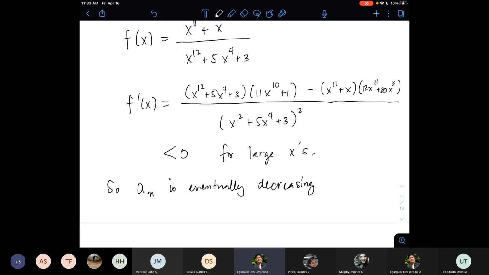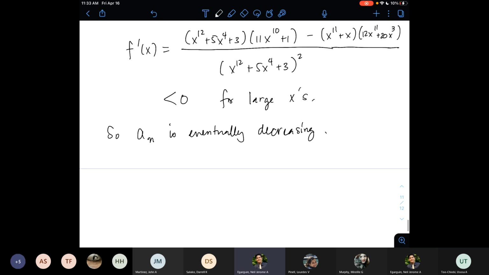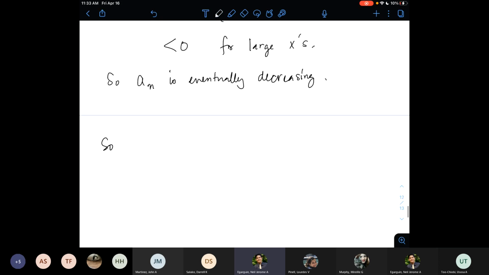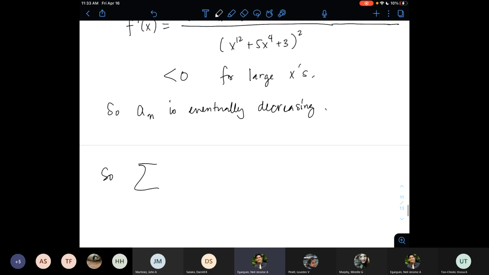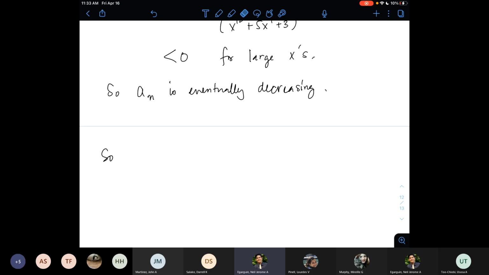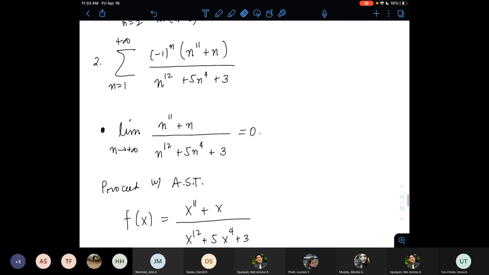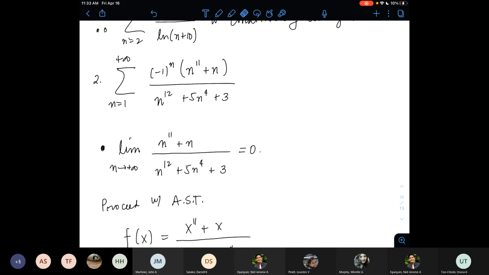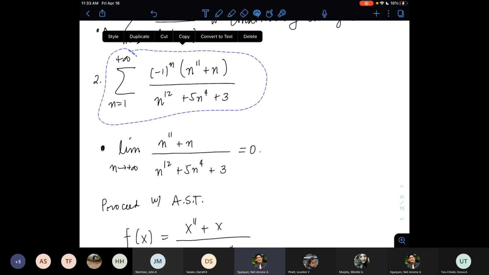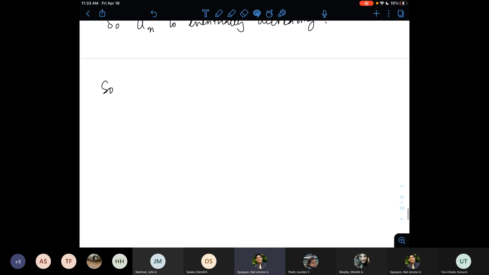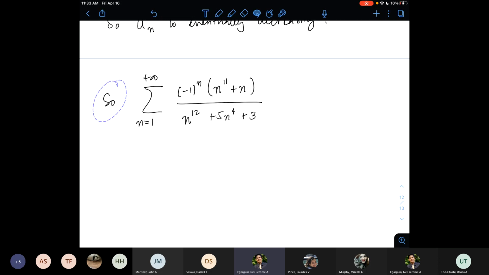Now I'm convinced. So with that statement, the alternating series is convergent. So there's a distinction here. What we have shown is that the given series with the alternating sign is convergent.